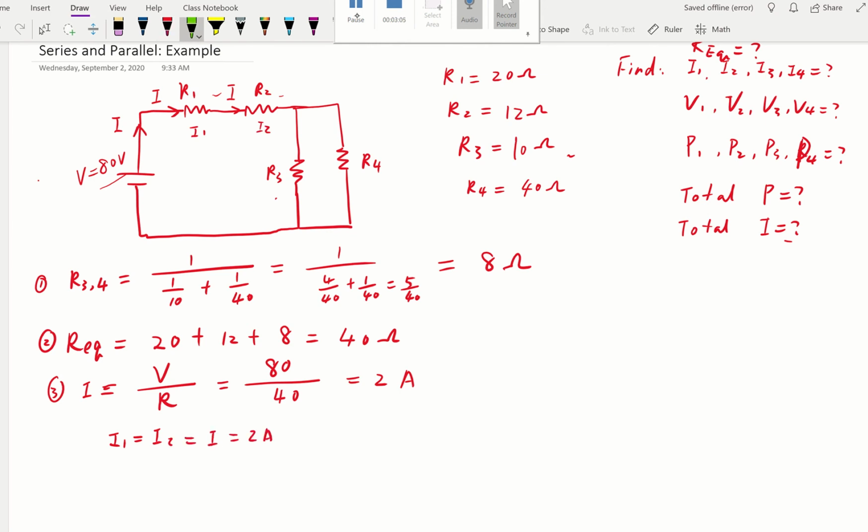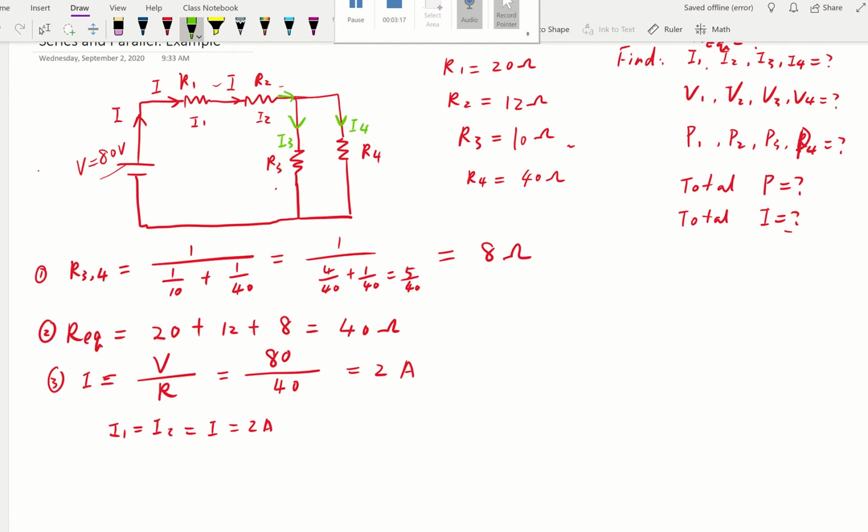However, once they get over here, they're going to split up into I3 and I4. I3 and I4 don't have to be identical, and they will not be. But how do we know for sure, right? We need to find I3 and I4. So here is the thing, how do we figure it out? If we're using Ohm's law, I3 is going to be the voltage over R3.